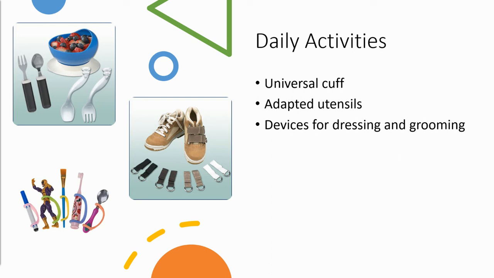Finally, these are just some assistive devices that can be used in day-to-day life. So you may see in the bottom left are universal cuffs that can be placed on a large variety of objects for a child that doesn't have the fine motor control or has difficulty grasping.